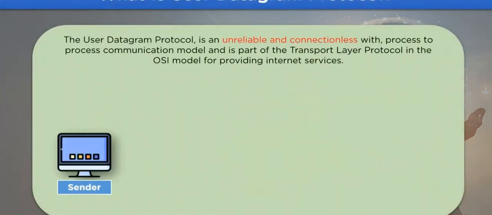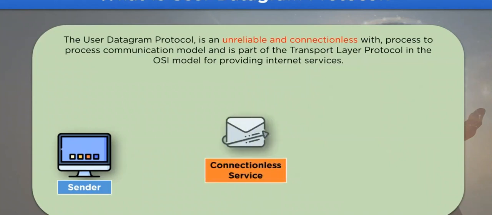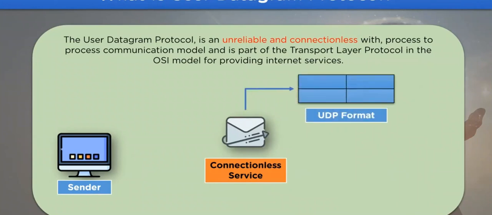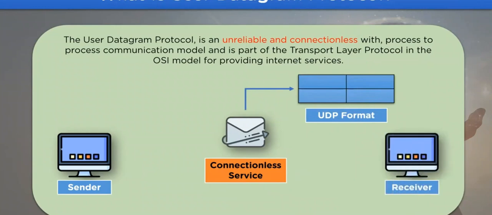The user datagram protocol, commonly known as UDP protocol, is designed to be unreliable and connectionless in nature, which applies a process-to-process communication model for data exchange between devices and is active in the transport layer of the OSI model and is used to transfer data and information related to internet services over the network channel, where process-to-process communication refers to the use of port numbers in the header format during the transmission of data over the network channel.